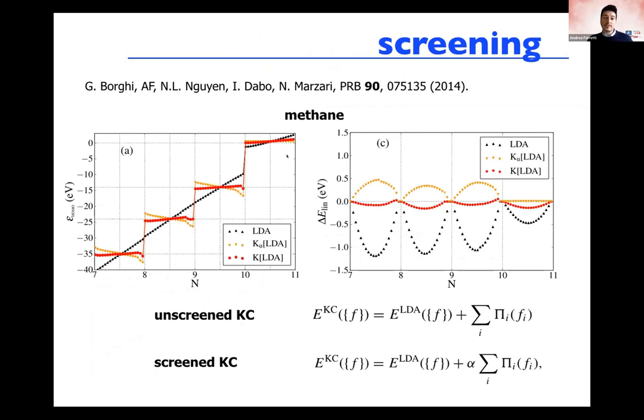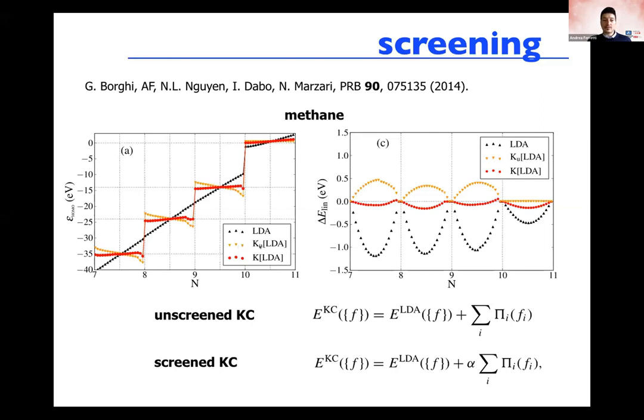Okay, so this is the construction in a bird's eye view, and it works. If we look at the methane molecule, here is the HOMO eigenvalue. We look at a function that needs to be piecewise constant, and black is LDA. You see that it is instead pretty much linear overall. Look, the scale is quite huge here. Instead, when we include Koopmans corrections, we start to build these steps.